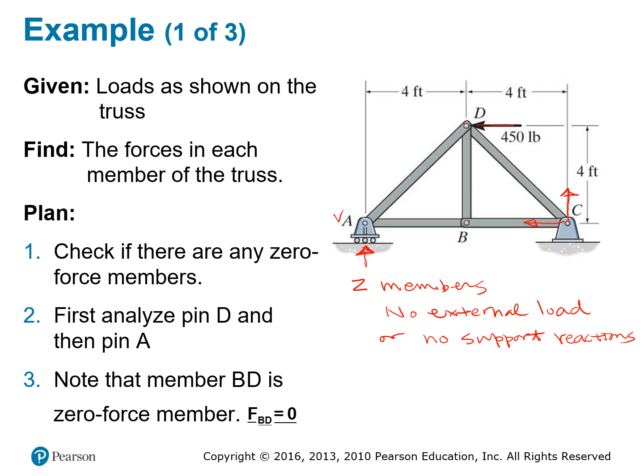What about this one here? Well, this one is not 2 members. This is 3 members. So what about 3 members? If you have 3 members, 2 of them are collinear and the other one is the zero force member.